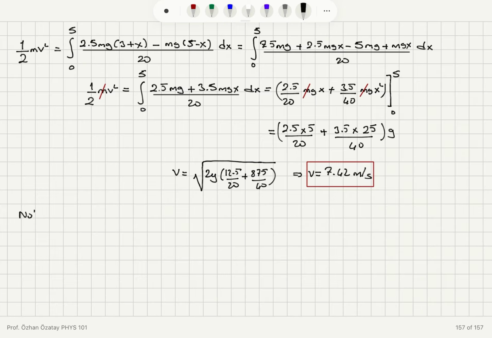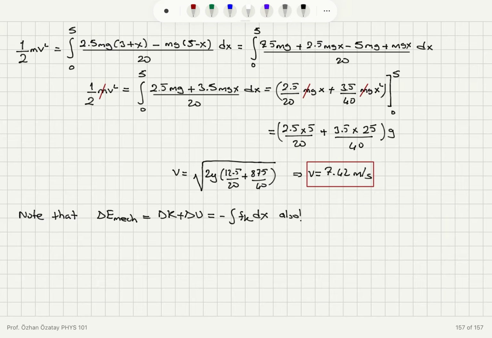Now you can also note that when I look at the change in mechanical energy of the system, delta K plus delta U, this should be equal to minus the integral of Fk dx, because friction is a non-conservative force.